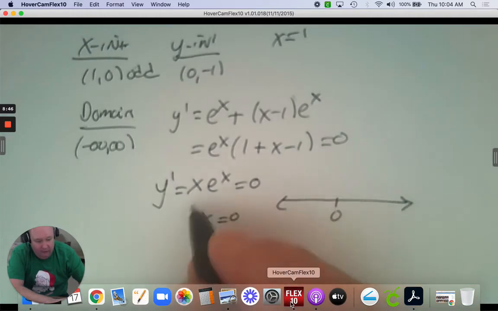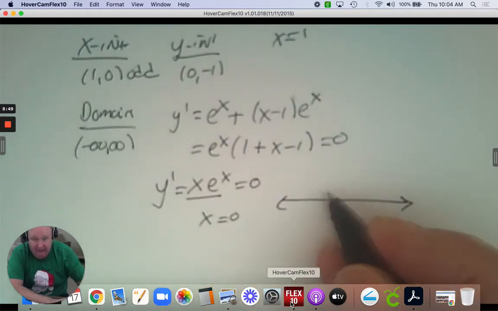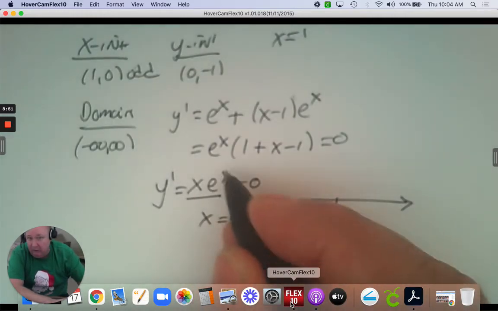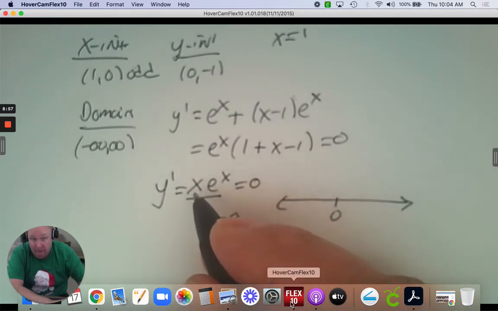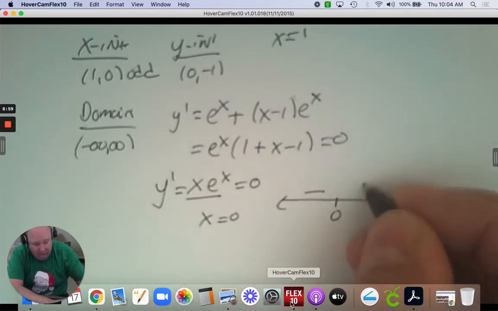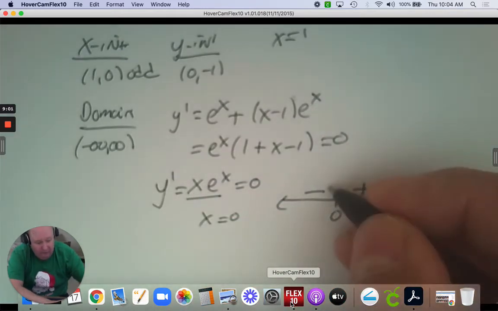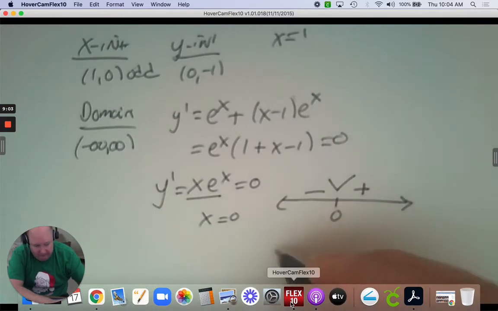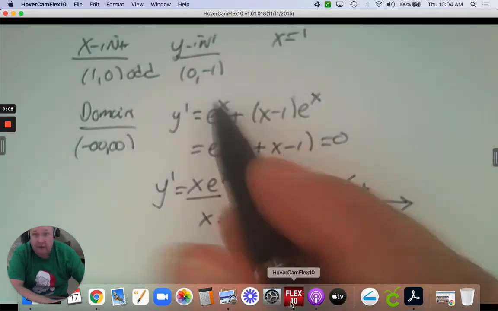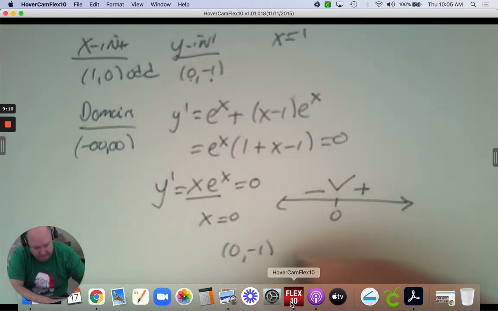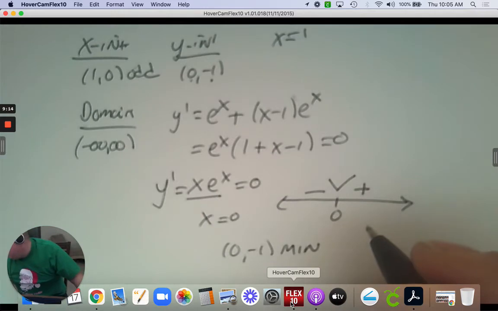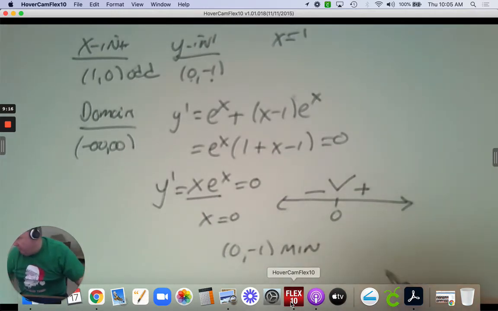Now, into the derivative, if you plug in a negative number, e to whatever will never be a negative answer. E to whatever the exponent is will always be positive. So if you plug in a negative number for x or a positive number for x, you can see at 0 is going to be a minimum. So (0, -1) is a minimum. No maximum.